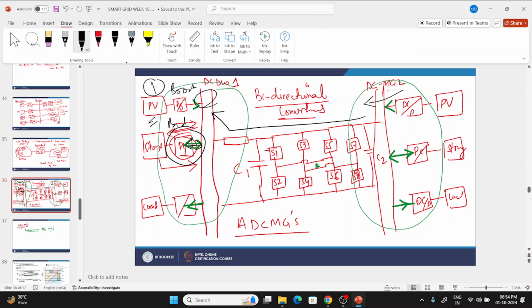If, for example, the second microgrid is overly loaded, the first microgrid can supply power to the second microgrid and make it underloaded. So this is how the loading can be reduced on any microgrid, and the reliability and efficient utilization of the resources can be achieved.